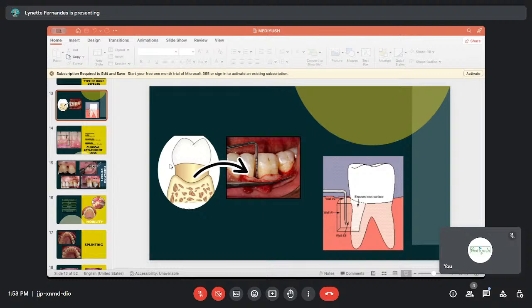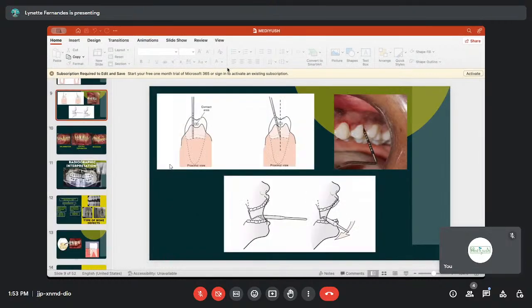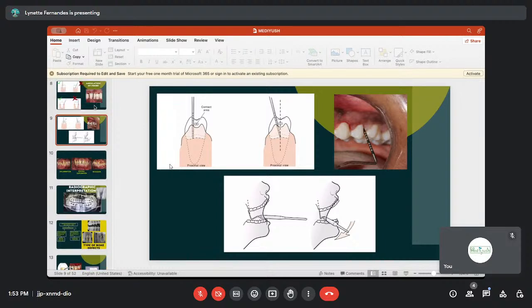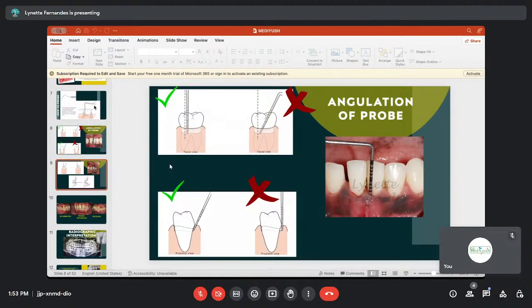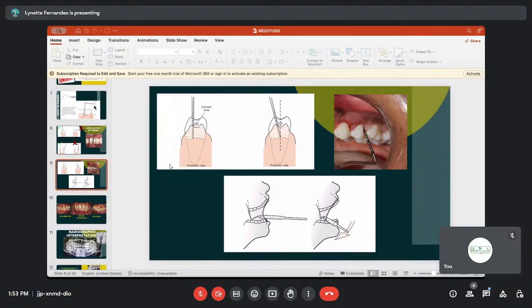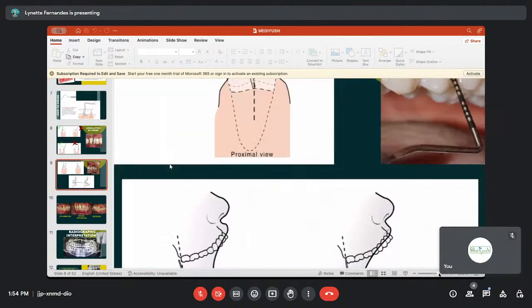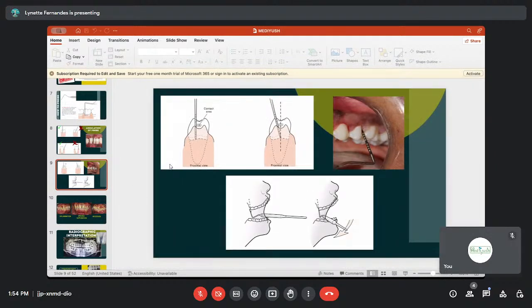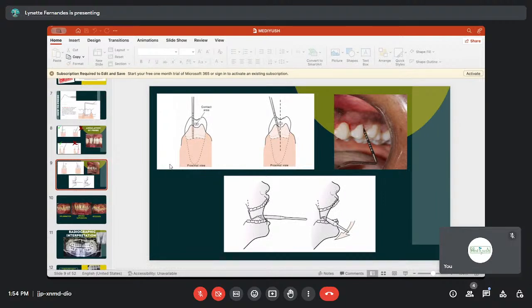Sorry ma'am, the slide is still stuck on 13th. I really don't know. What is it? On 13th? One of our YouTube members is saying to just press F5, if it is possible. F5 is dictation on this. I'm trying to make it into this. On my screen, it is coming as a full screen thing. I really don't know how it's not visible elsewhere like that. Which slide were you exactly on right now? The probing slide, 9th slide. Yeah, 9th, correct. We are at 9th. But it keeps changing.